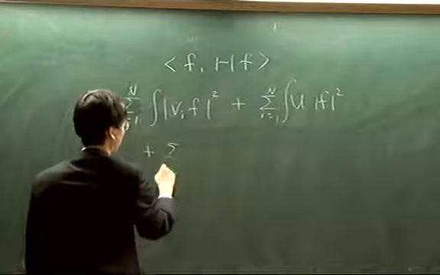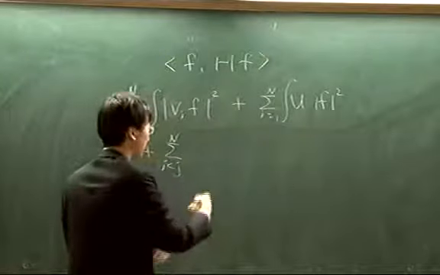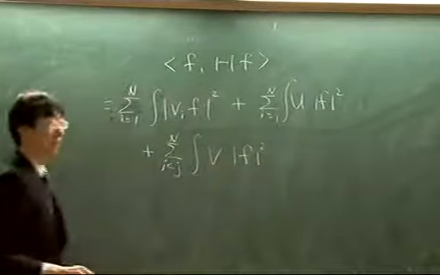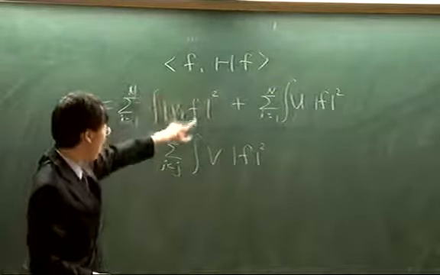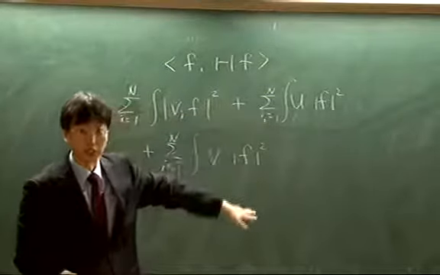And finally, the V terms, interaction terms. But because of the structure of this inner product, we always have this absolute value squared whenever we have this energy.